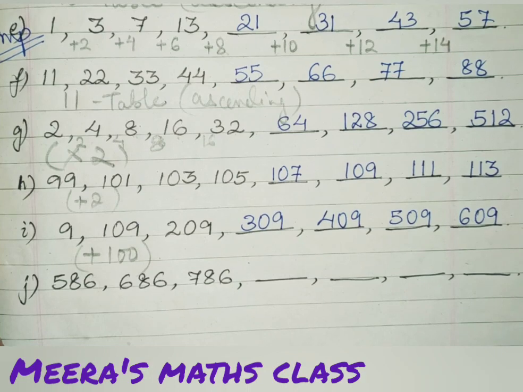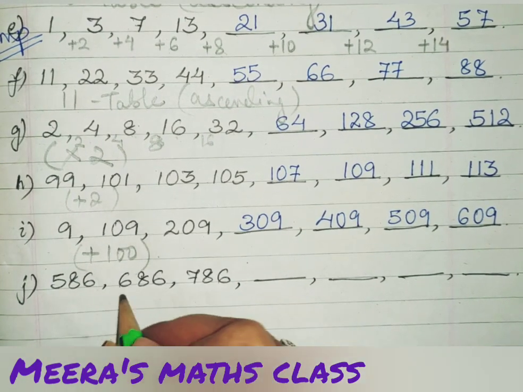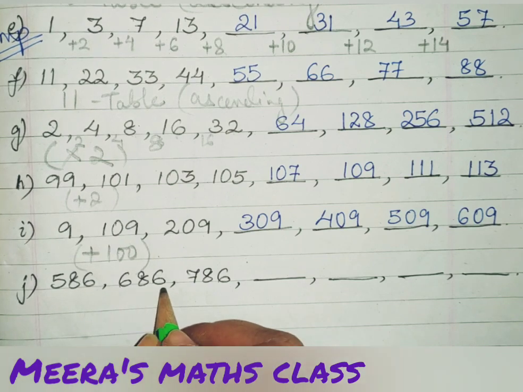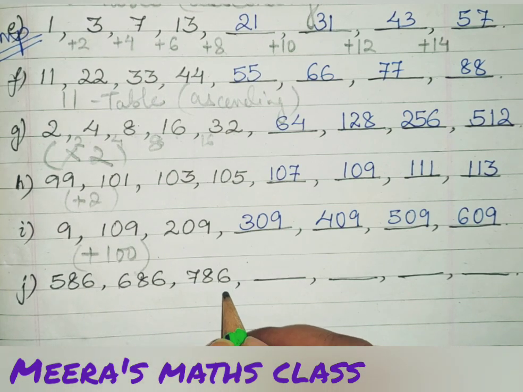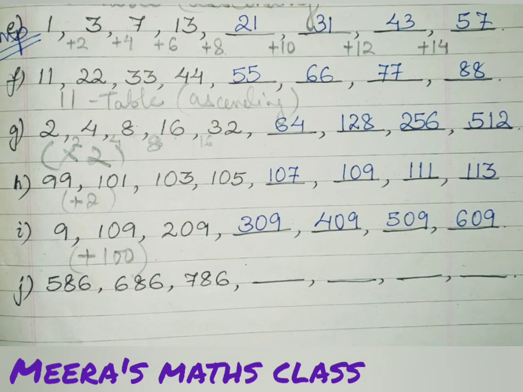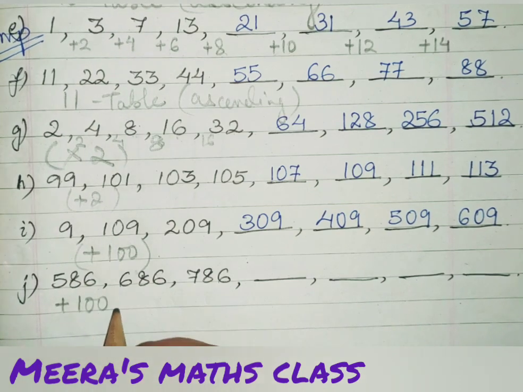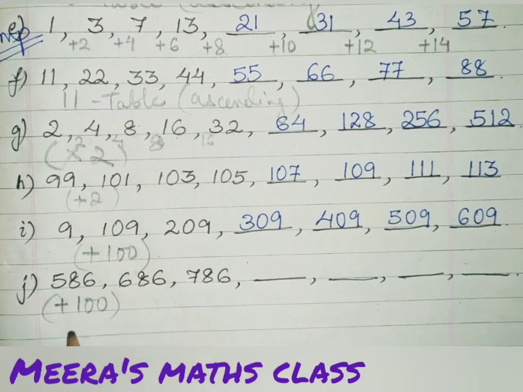Let's move to number J. 586, 686, 786. So what's the pattern being followed here? Plus 100. Here also it is plus 100.